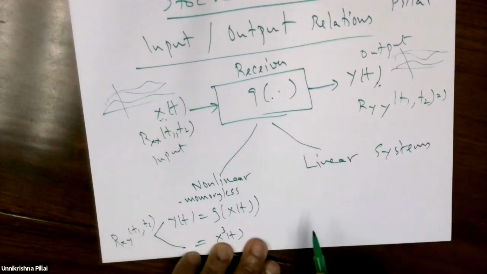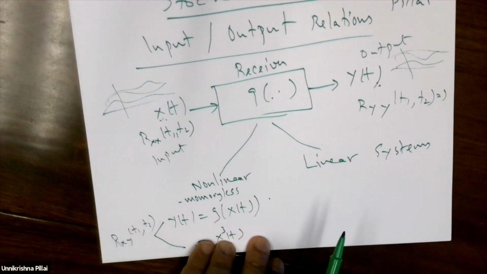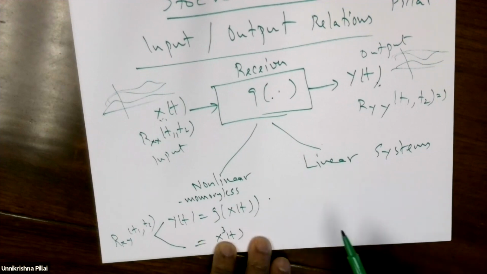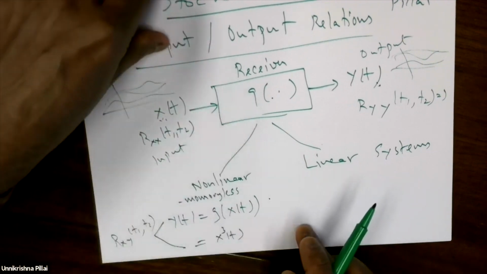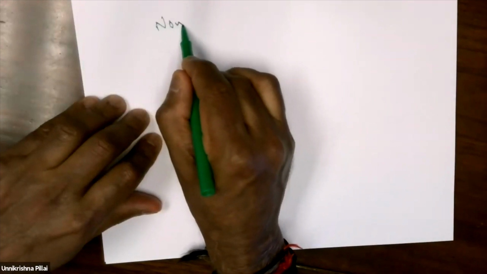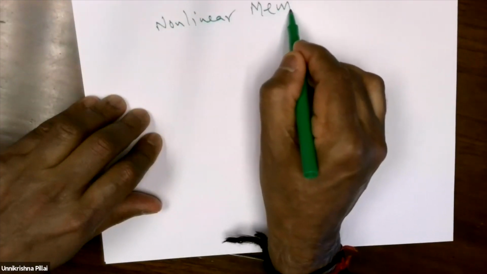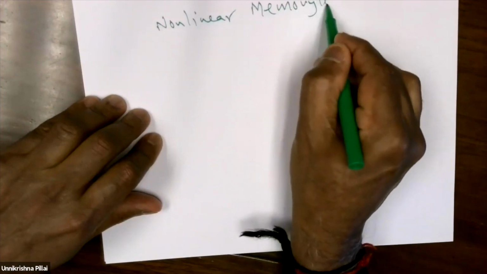I'll only mention a result, and the proof is there in my notes, lecture 14. It's also there in the book. So I'm just going to mention it and then move on. So, we have a nonlinear memoryless system.